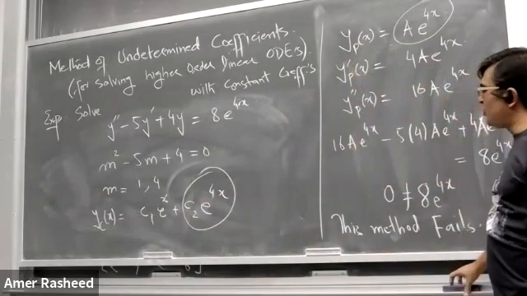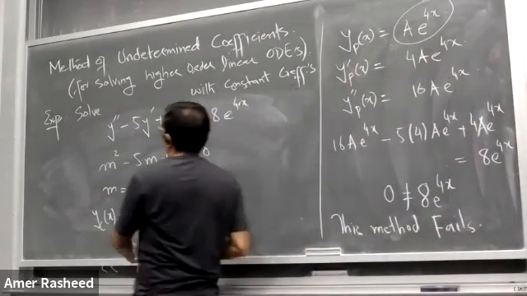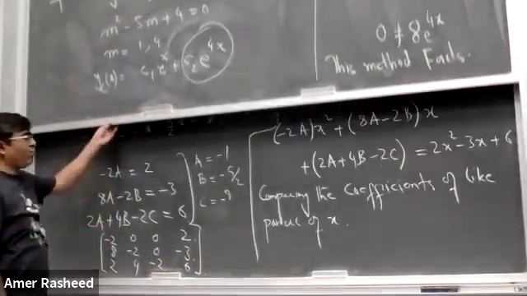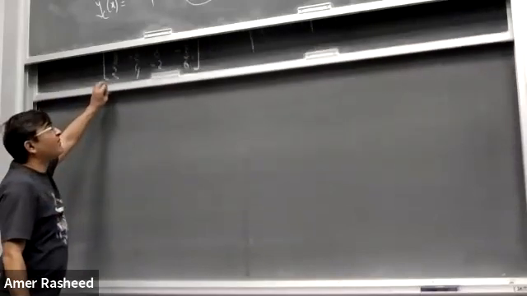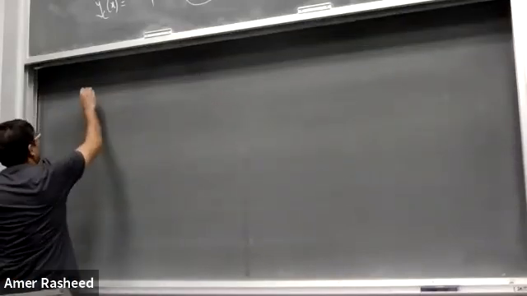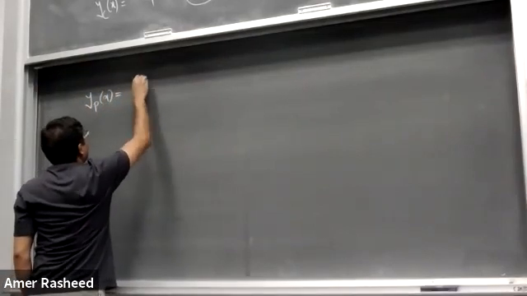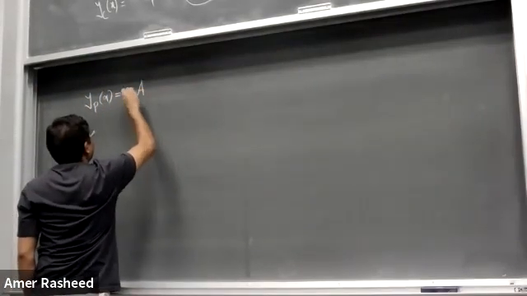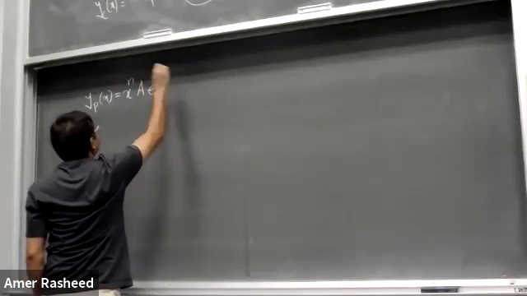We improve the particular solution by writing it now as a constant times x to the power n times e raised power 4x.